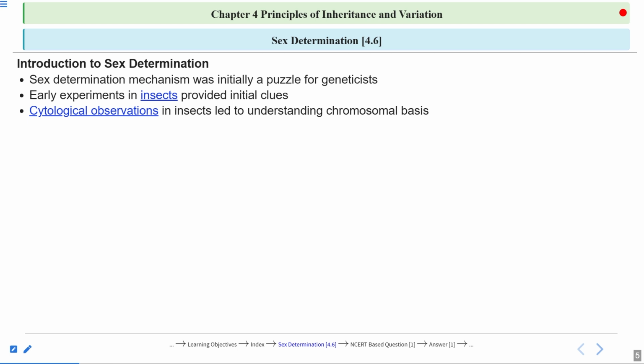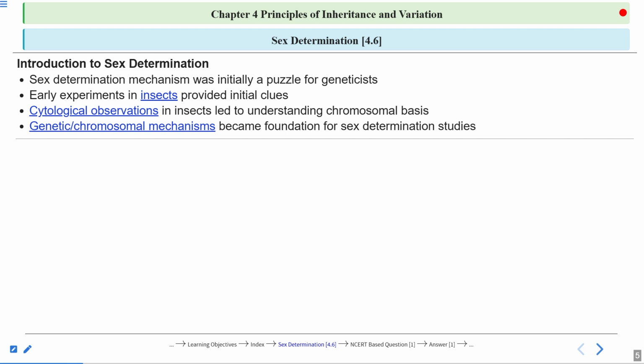They could look inside the cell, which consists of the nucleus, and within the nucleus, chromosomes are present. You can track the movement of the chromosomes. So cytological observations in insects led to the understanding of the chromosomal or genetic basis of sex determination.